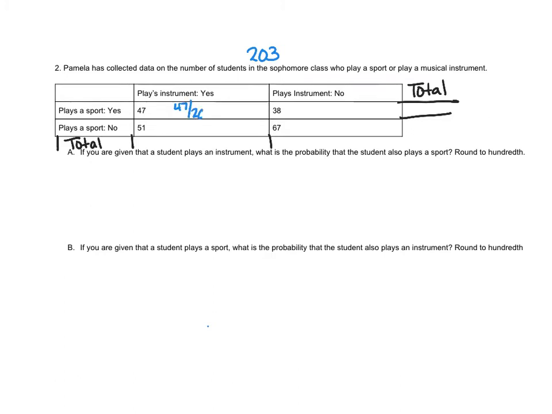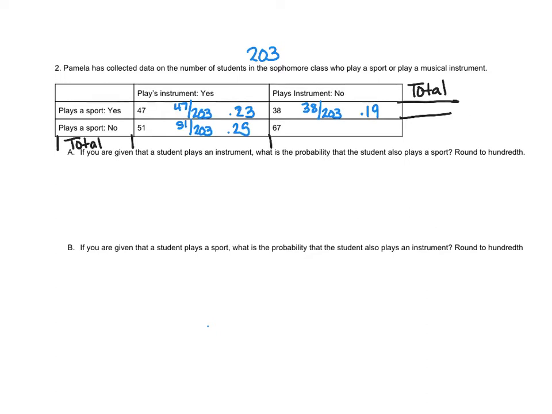So 47 over 203 is 0.23. 38 over 203 is 0.19. 51 over 203 is 0.25.